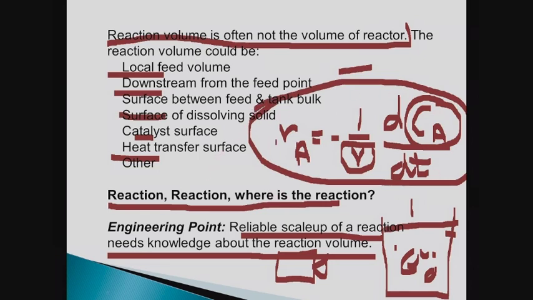It's varying with space. Variations all over the place in space. That's why you go to a microreactor or study microreactions, because there are no transport problems in these microreactors. The volume is so small that you do know the reaction volume.